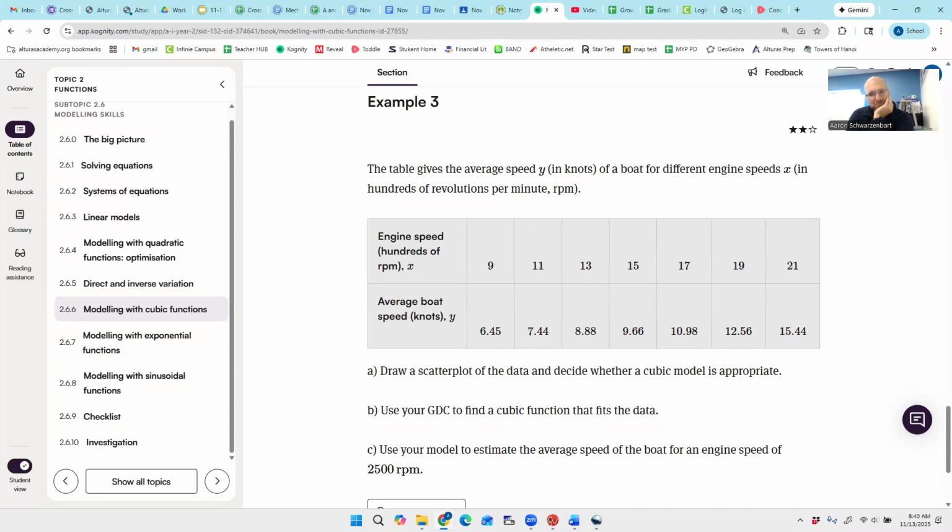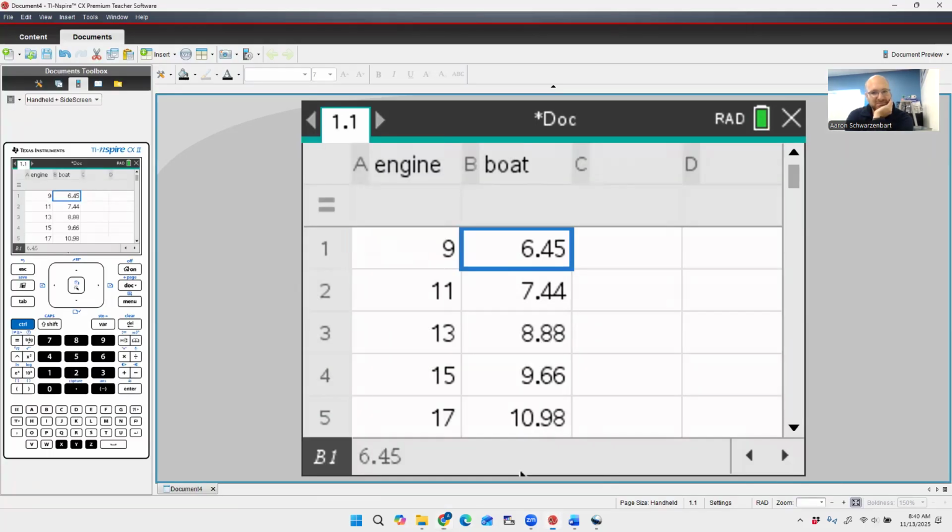You're going to control and add another.